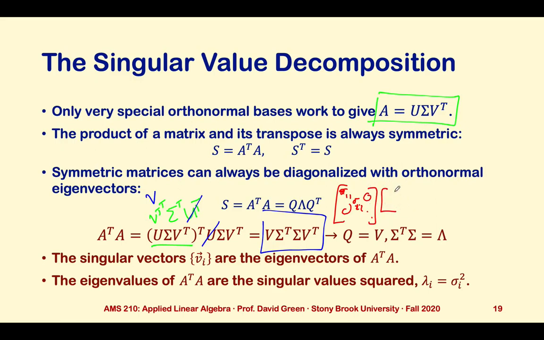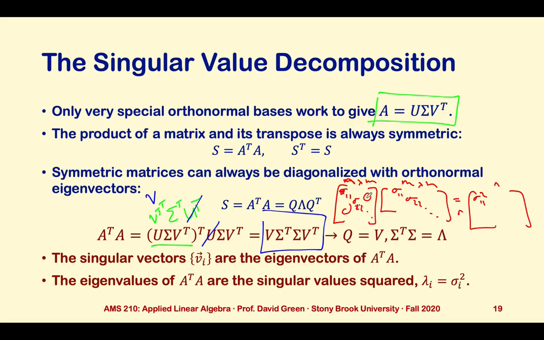The transpose also has those same sigmas on the diagonal. If we started with an M by N matrix, this will be an N by M matrix. This is going to give us an N by N, but what's going to happen? We multiply the first row by the first column. This gives us sigma 1 squared.